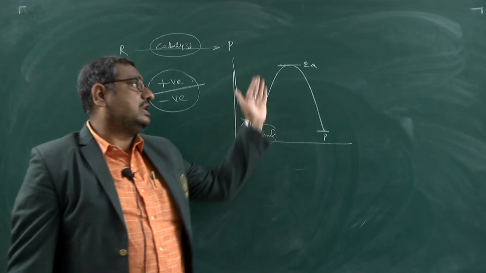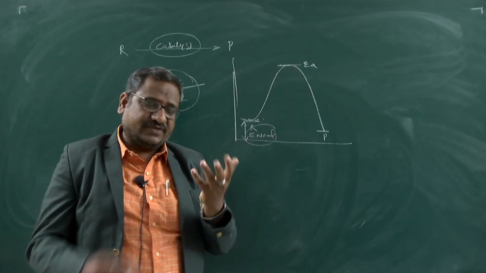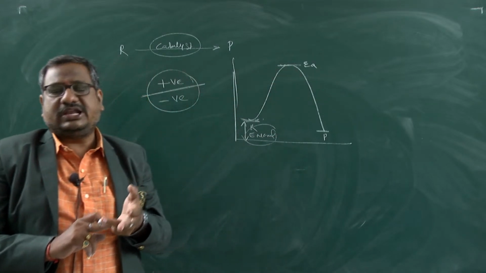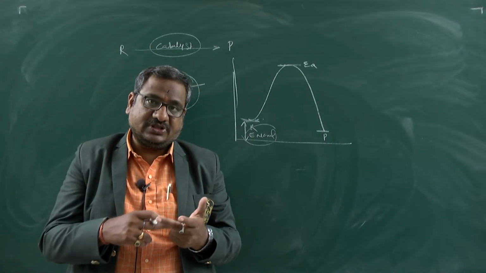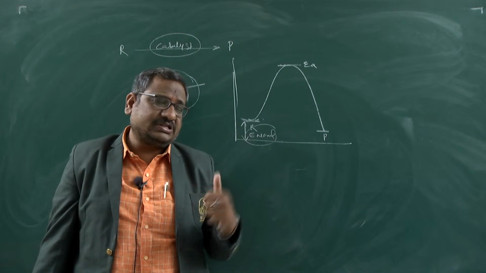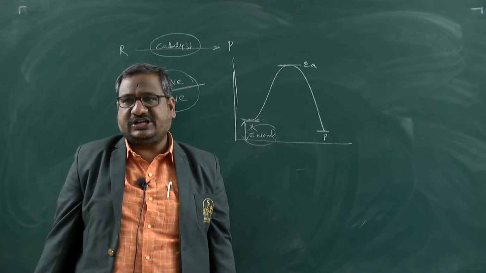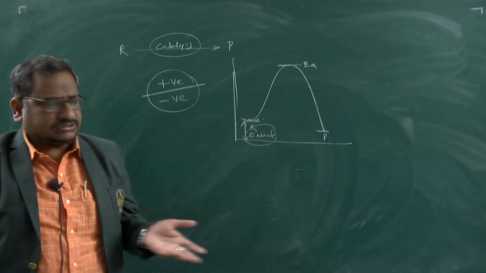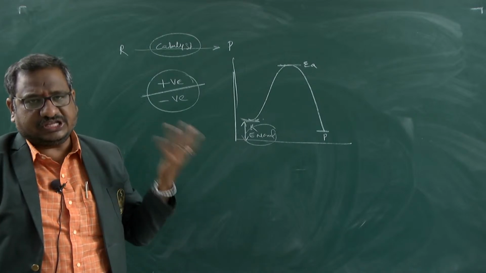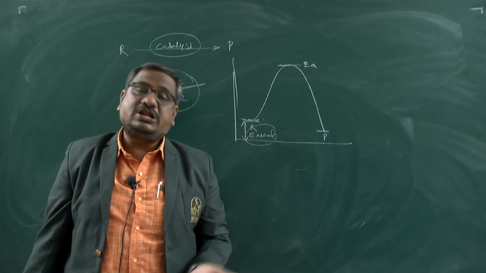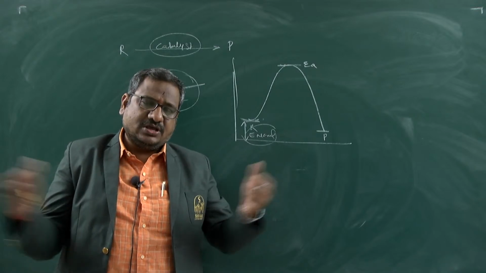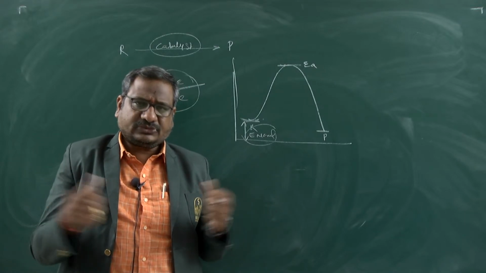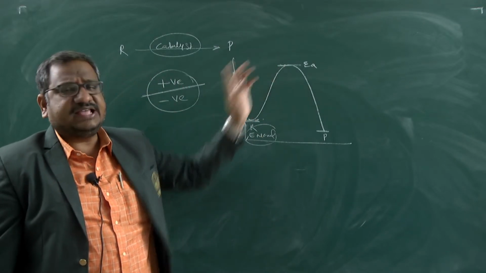To reach that activation energy, we use temperature for liquid solutions, or in case of gaseous material we use pressure. Why do we use temperature and pressure? To reach the activation energy, because not all molecules have the energy to reach it. Only some molecules reach the activation energy, and then only they convert as product. How will that be reached? By the collisions.